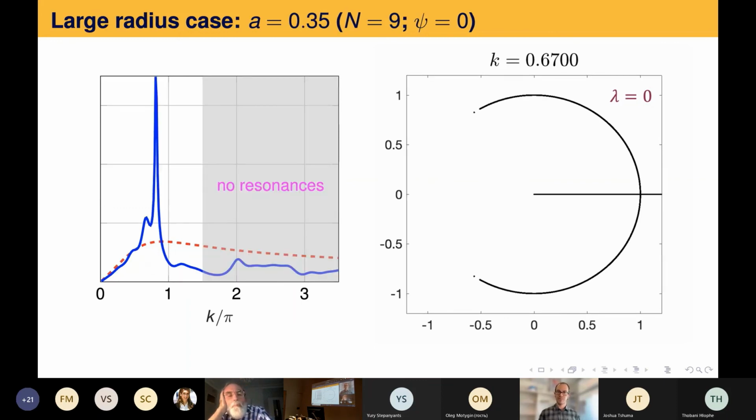Just one more thing to show you. The large resonance case. There's only 1 resonance here. So again, look at what's going on with the eigenvalues on the right-hand side. Something very different happens above the first cutoff. Initially, it's behaving as we saw before, but then it's going to reverse its behavior. We're going to get one of the eigenvalues going into the continuous spectrum on the unit circle, and the other one going towards the origin.